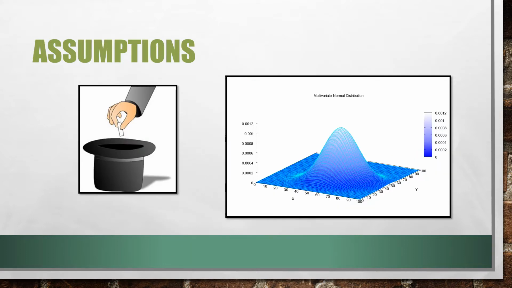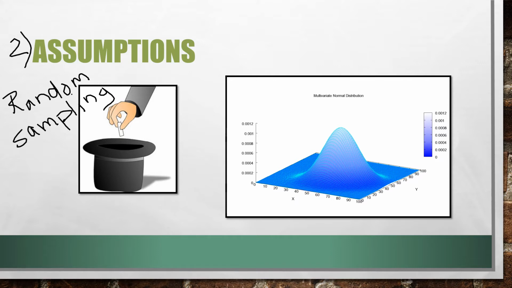And then the second part to our hypothesis test is always the assumptions, and we always have random sampling. That's not a surprise. You want to have random sampling so that the p-value is exact, but a lot of times, probably almost all the time, we don't have a random sample, but you want at least to have an unbiased sample.